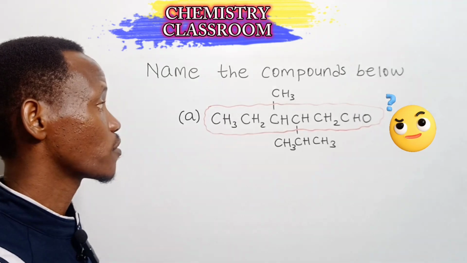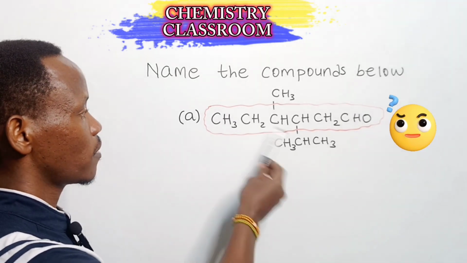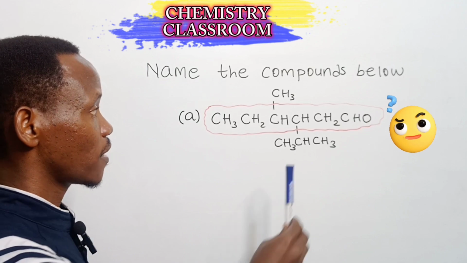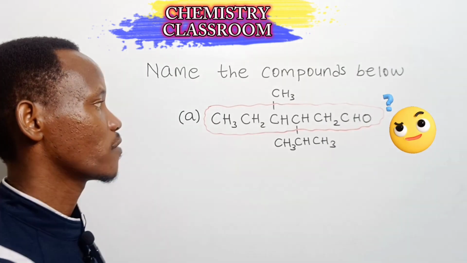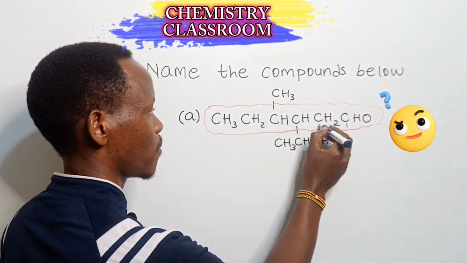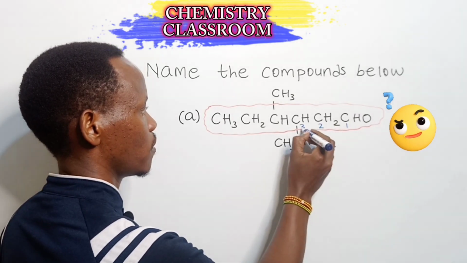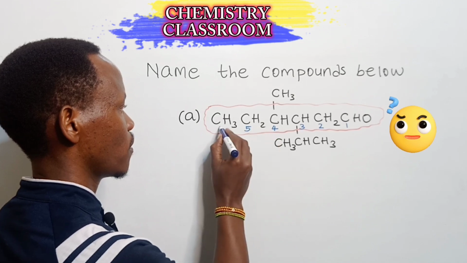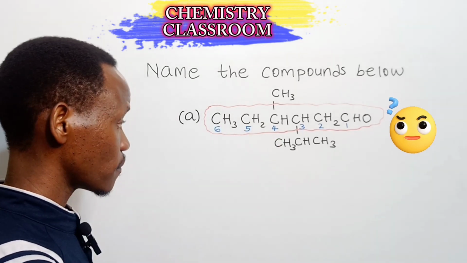After that, we proceed and assign numbers to carbon atoms on the parent chain, but we have to be careful that we start from the carbonyl carbon, and this is going to be like this. So this is carbon atom number 1, number 2, number 3, number 4, number 5, and number 6.